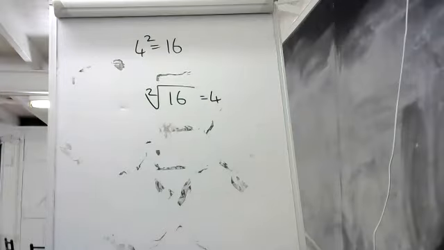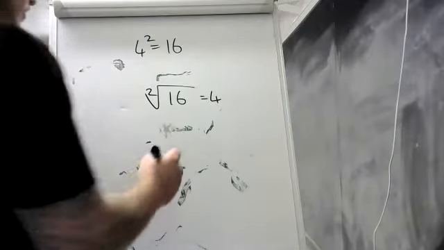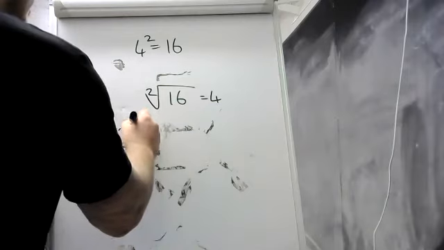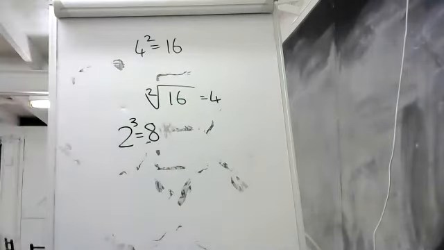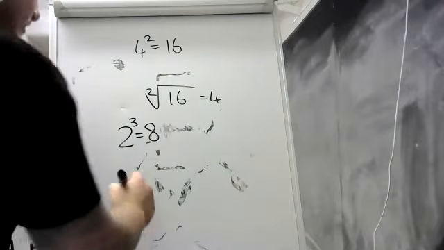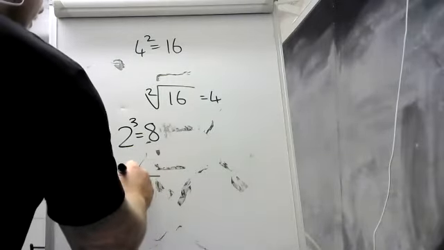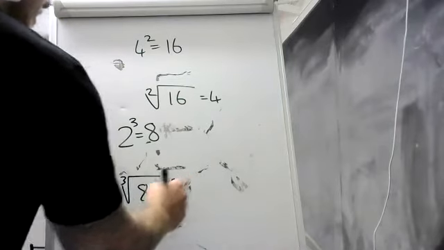We also have cube roots. So we have 2 to the power of 3 gives us 8. Again, we do the inverse of that, which gives us 2.